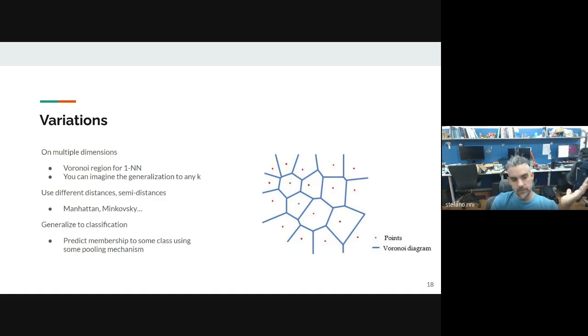Imagine a modern image classification data set with a few million images. When you're trying to recognize a cat, you cannot sort through tens of millions of images to find the closest picture of a cat to the cat picture you provided to the system. So computationally, any trivial implementation of this will be suicidal.